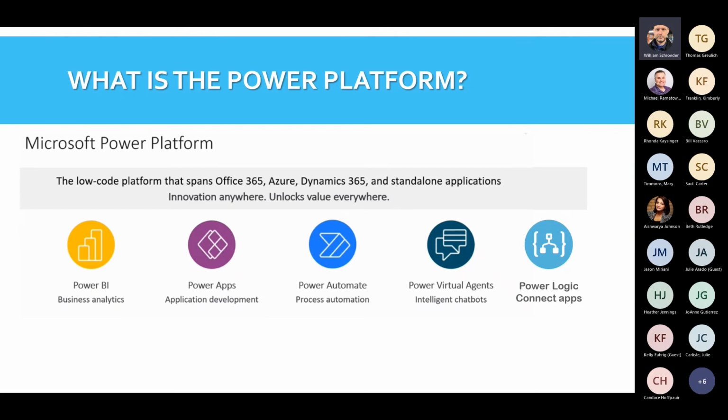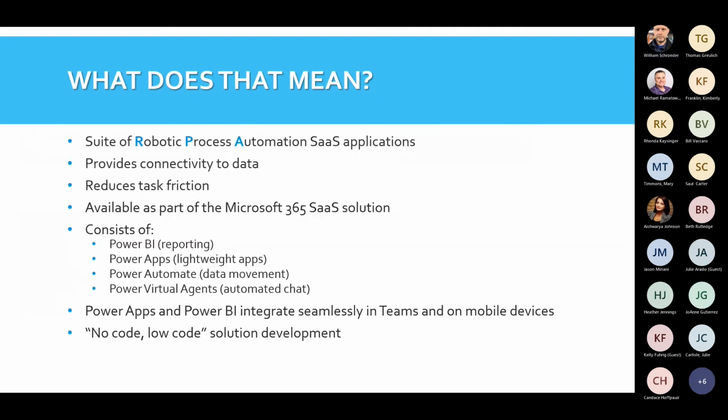Power Apps allows you to capture and edit data. Power Automate allows you to move that data around, essentially. There's more to it than that, but those are the essential concepts here. The final two, the virtual agents and the Power Logic Connect app, I'm not going to talk about too much today, other than to give the context that they are part of the Power Platform. And if you did your own research, you'll find references to those two tools as well. What does that mean?